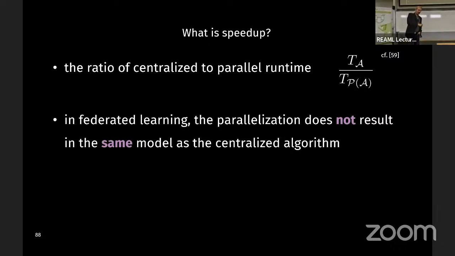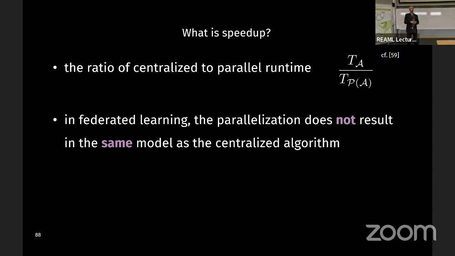The big problem here is, I said that before, in federated learning, the model that we get is not the same as in centralized learning. So what does speed up mean here? This was defined for algorithms that output the exact same thing. How much quicker can you sort a list? Here we get some model. So what we usually say is, well, we cannot get the same model as centralized learning, but what if we can get a model of the same quality, or at least that gets the same quality guarantees?